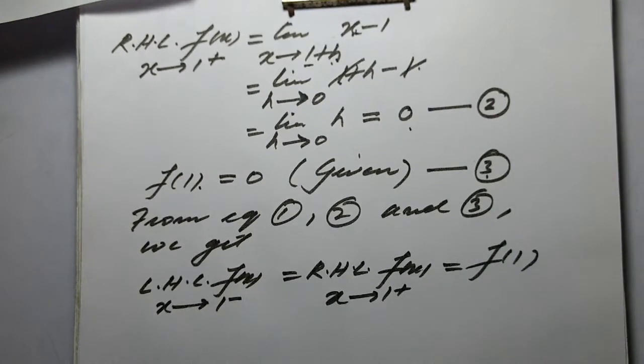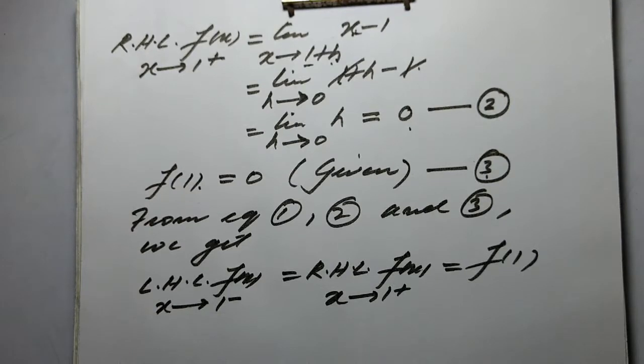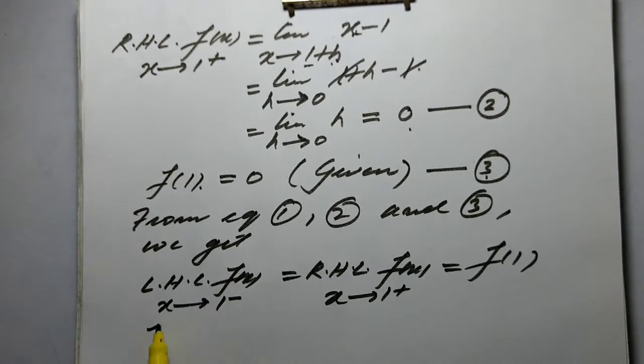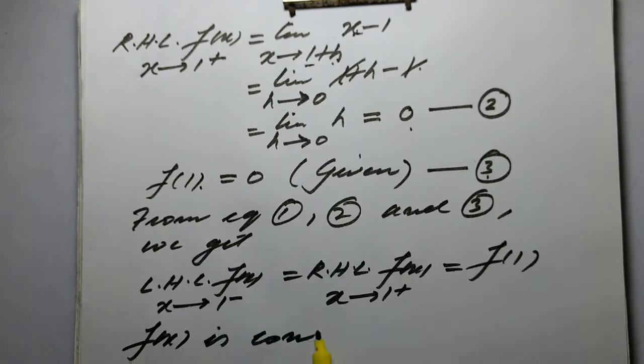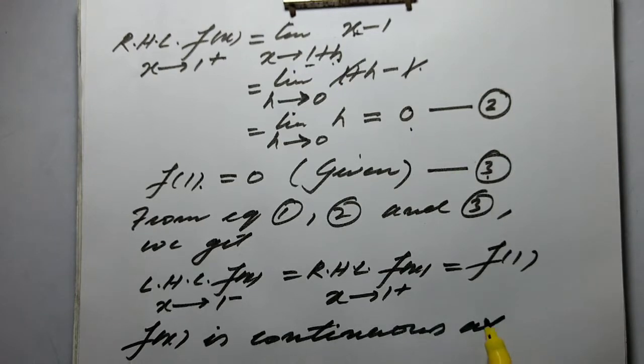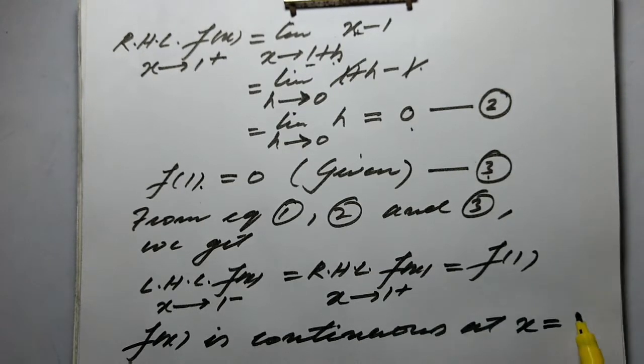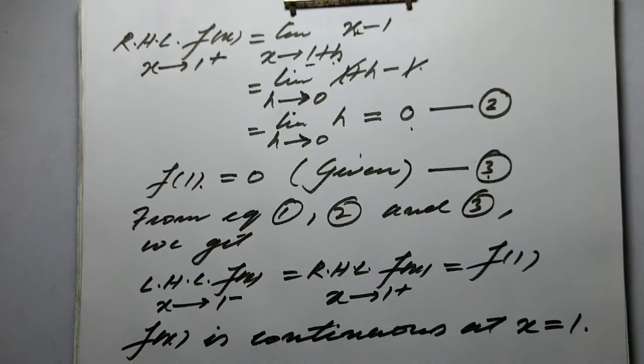So the criteria of continuity of the function is satisfied. So we say that function f(x) is continuous at x equals 1. So this is the algorithm to check the continuity of a function at a given point.